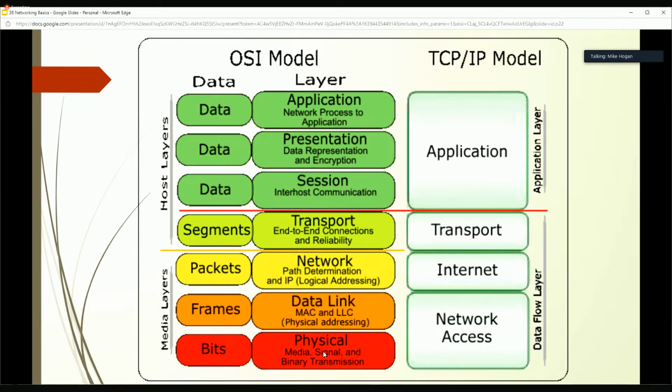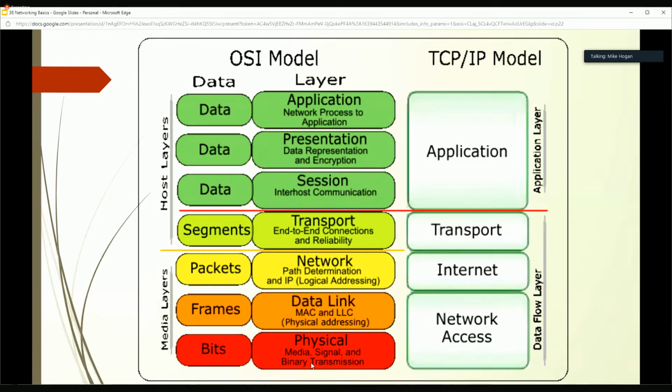So we're going from the user, encapsulating this information layer by layer, and then sending it over the physical medium as bits, and it's going to go to some destination.